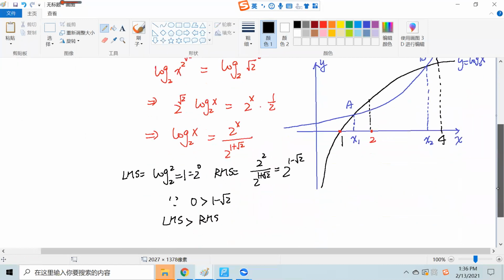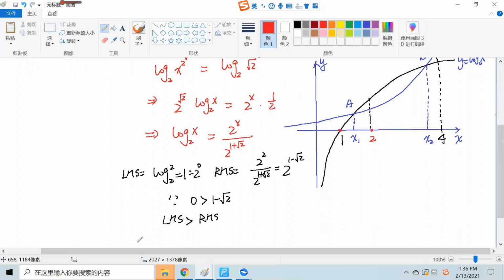Why? Because we just plug in 4. When x equals 4, the left-hand side equals log 2 of 4, which is 2.